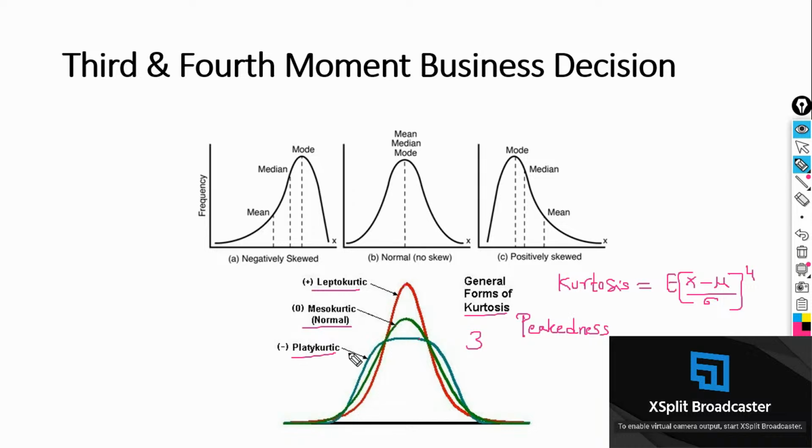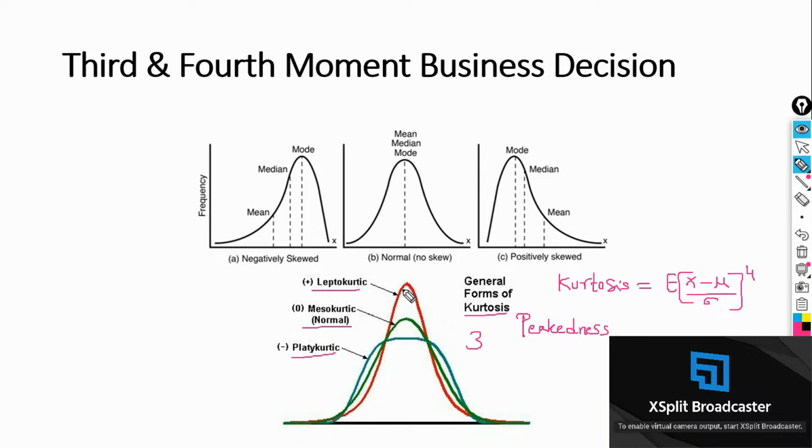Okay, these three forms. Positive kurtosis is a form in which we have the peak as very high, it's very tall. A tall peak is what you observe in your data with long tails.